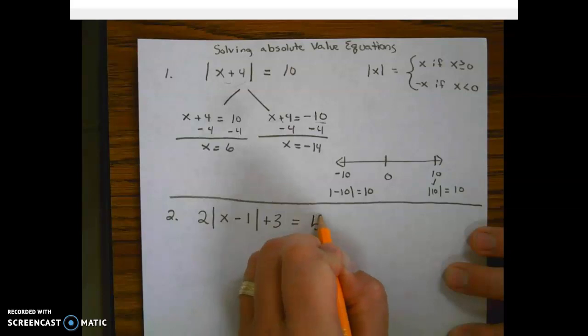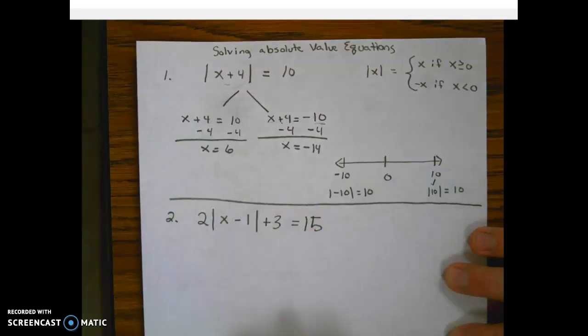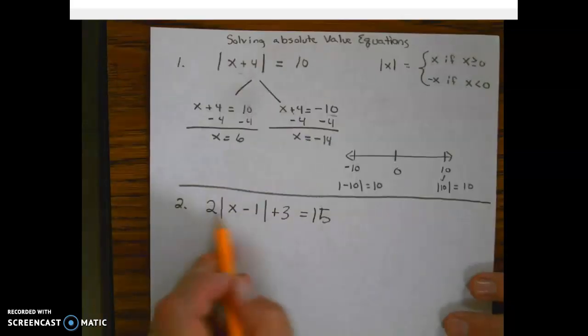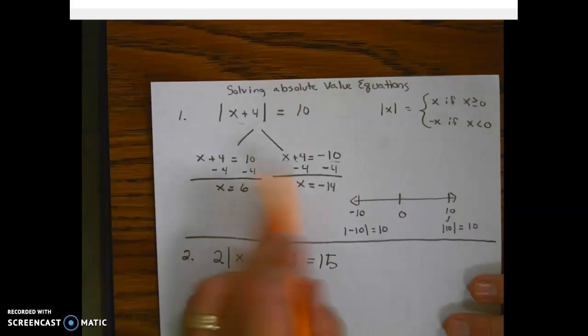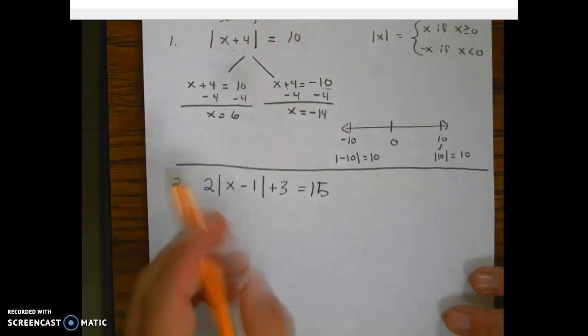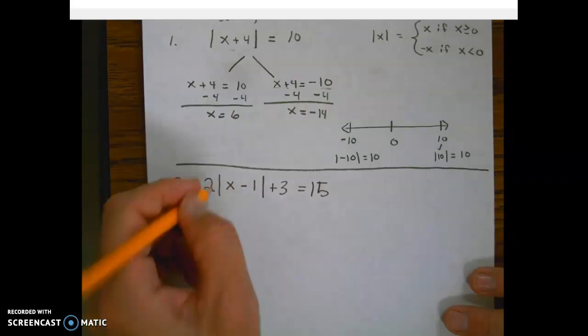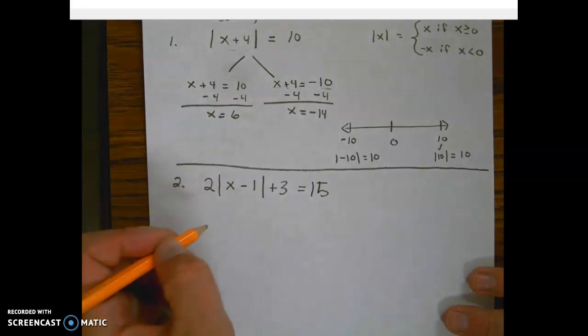Let's do 15. There we go. Okay. So now before we can break this up into our two equations, we need to get the absolute value expression all by itself. Okay? So we're going to go ahead and start solving like normal.